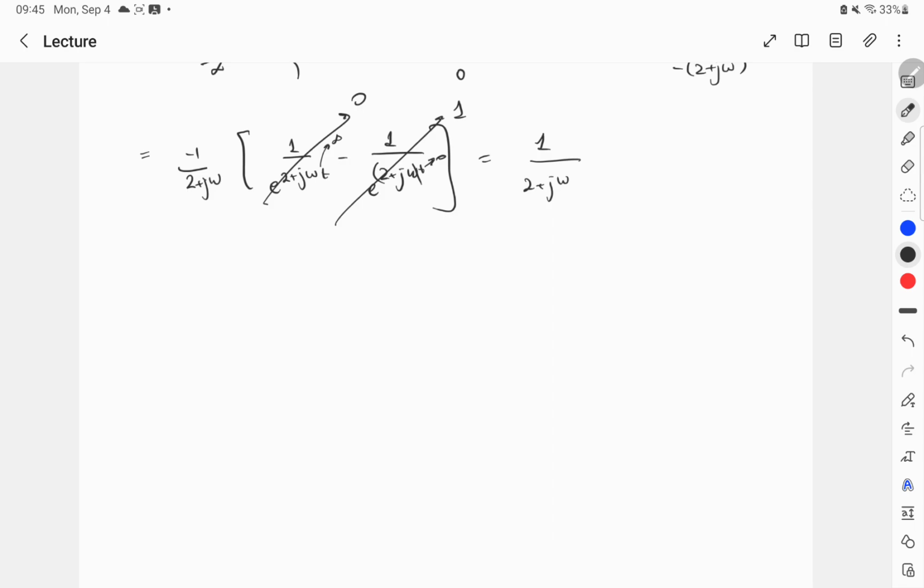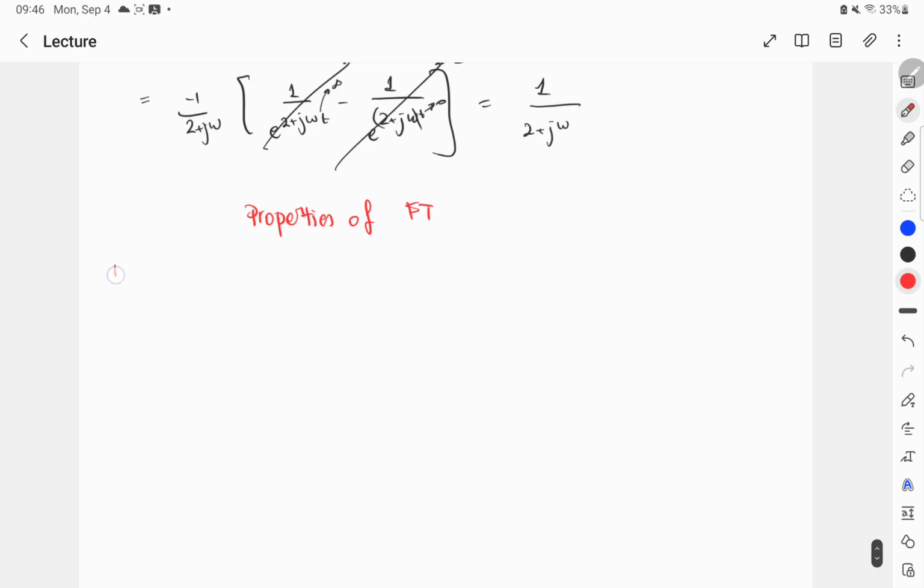Now we have done plenty of questions. Now let us continue with different properties. We will start with the time shift property. Properties of the Fourier transform. Number 1: time shift property.